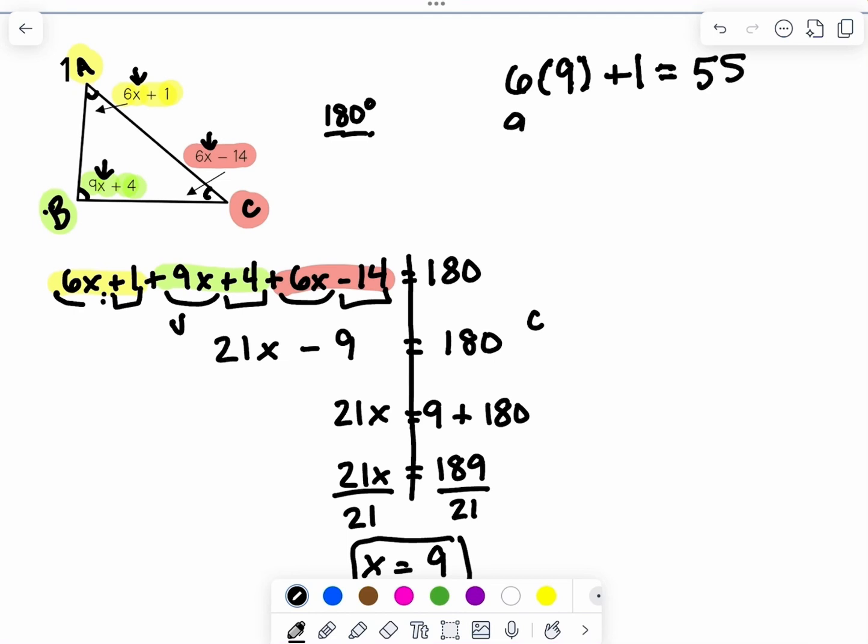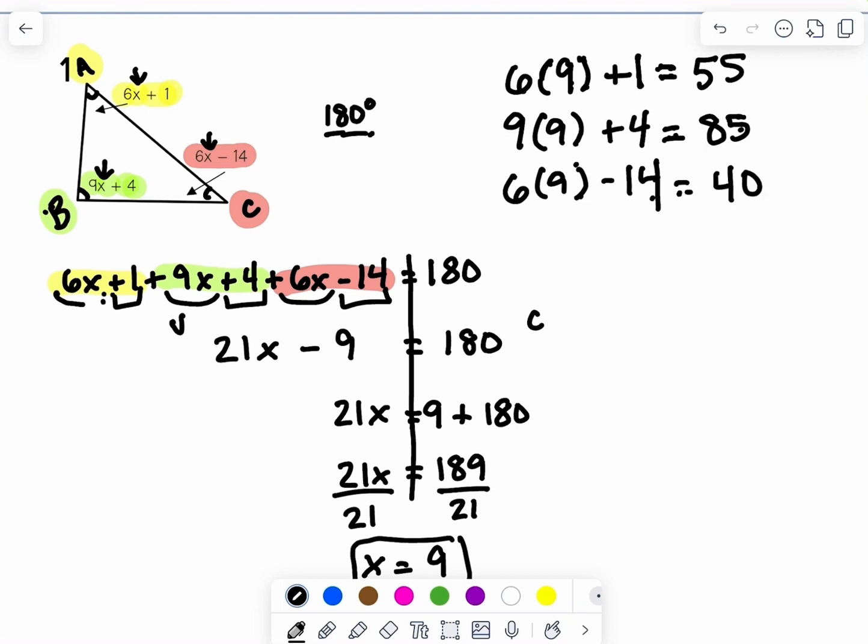Then 9x, I'm sorry, I don't want x, I want 9 for x, plus 4 equals 9 times 9 plus 4 is 85. And then 6 times 9 minus 14 is 40.